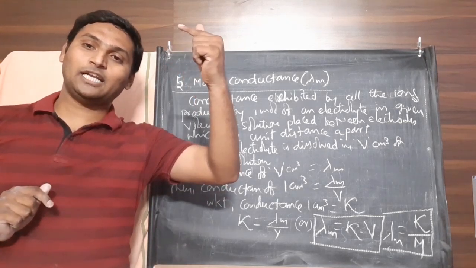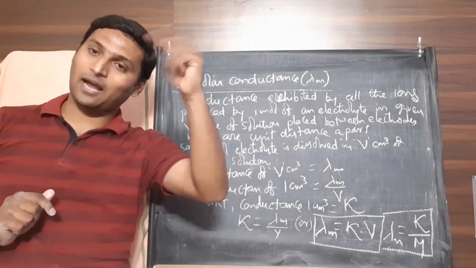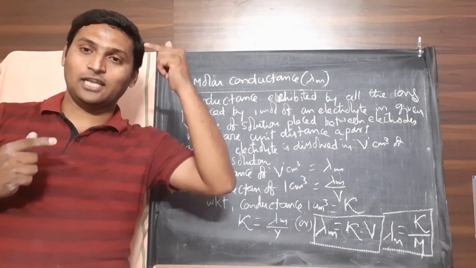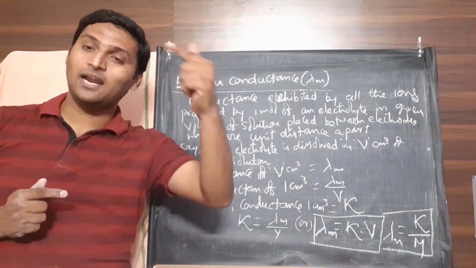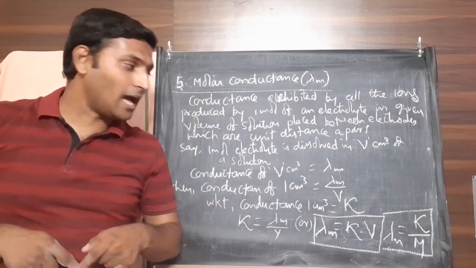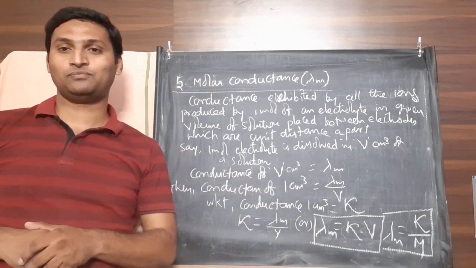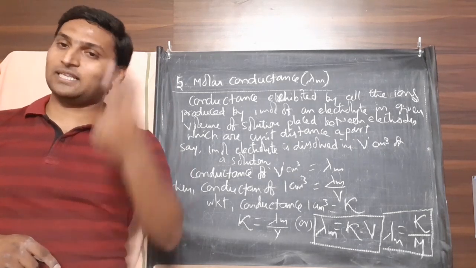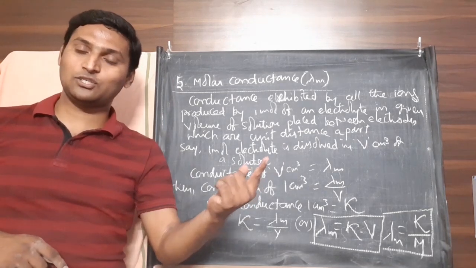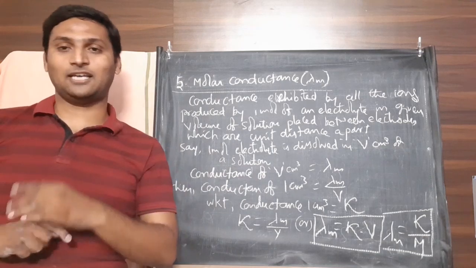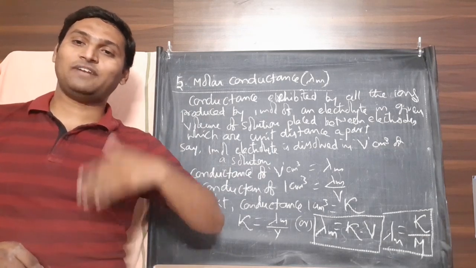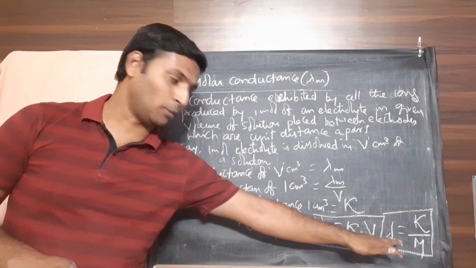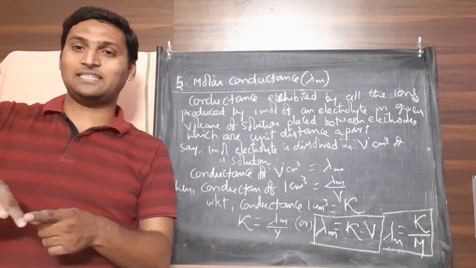So in the denominator you will have either centimeter or meter, in the numerator you have either centimeter or meter, and in the denominator you are having decimeter cube. So you will have to convert decimeter cube into either centimeter cube if it is CGS units, or meter cube in SI units.